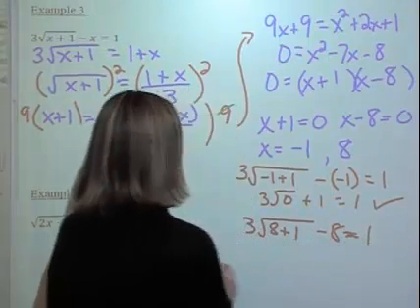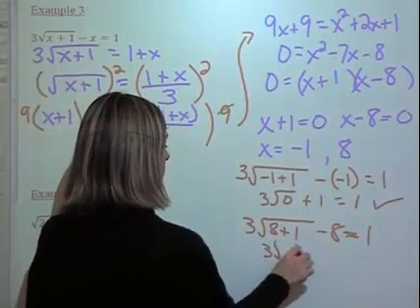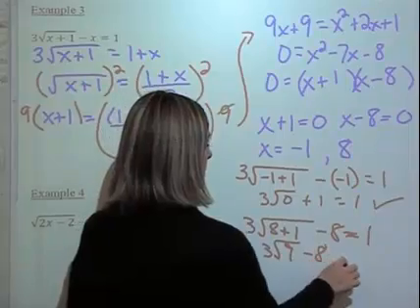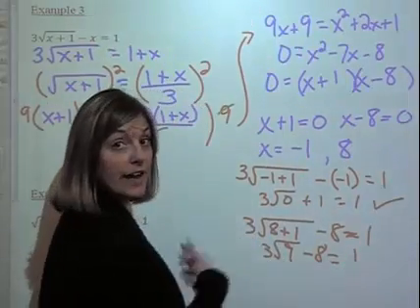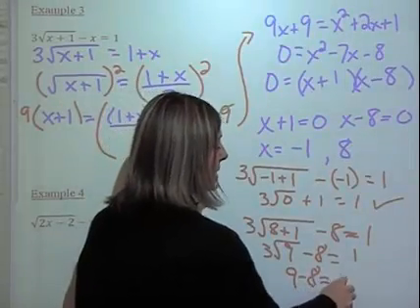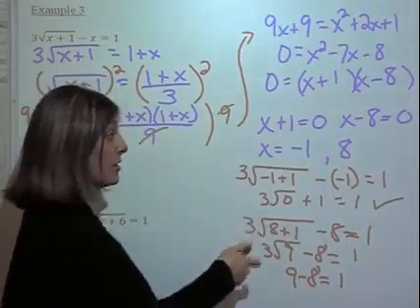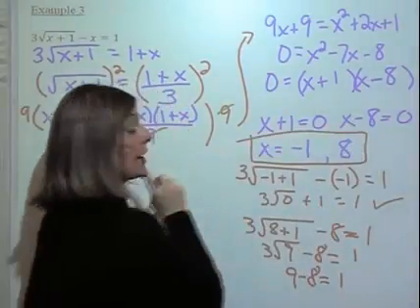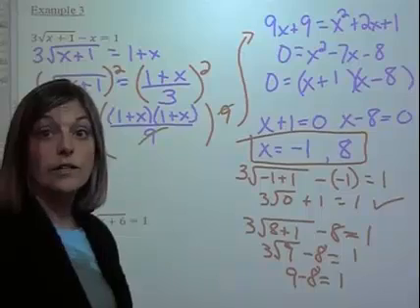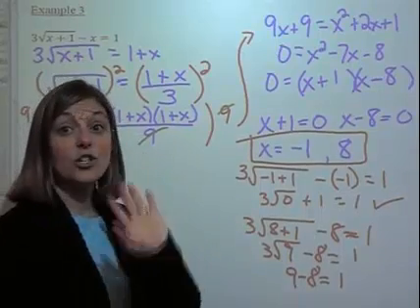All right, so 8 plus 1 is 9. And then square root of 9 is 3. 3 times 3 is 9. And 9 minus 8 is 1, so that one's good too. So we checked both of those. They both work. So our answer is x equals negative 1 and positive 8. All right, now let's try the last one.